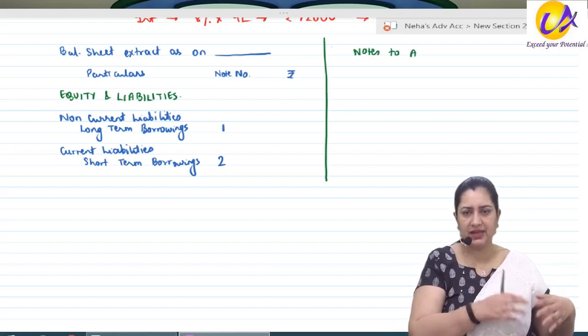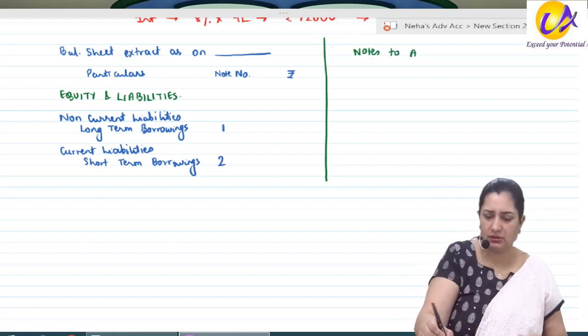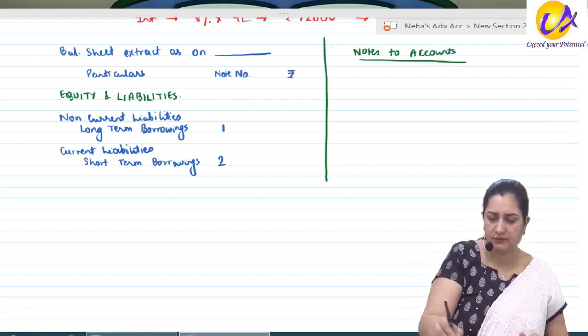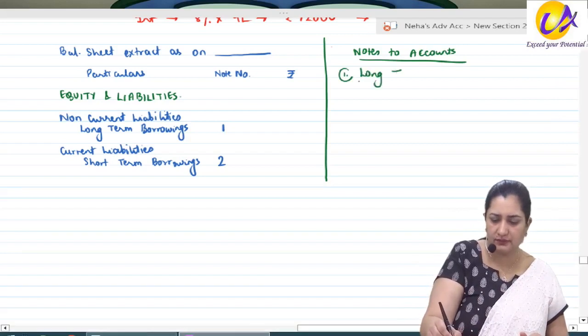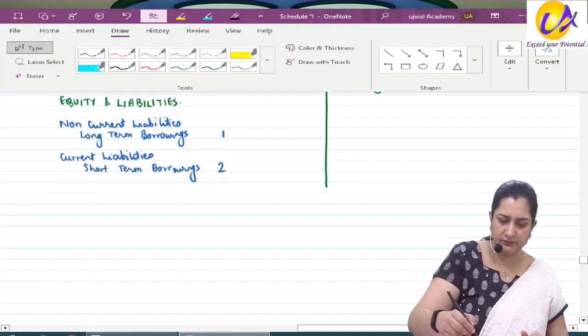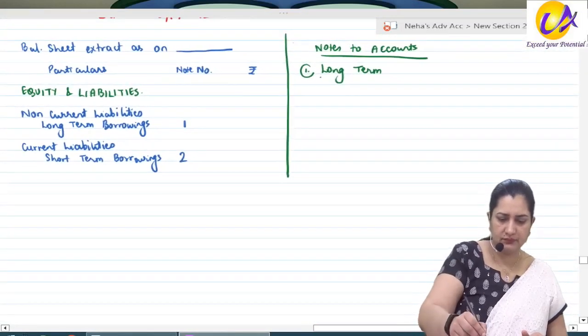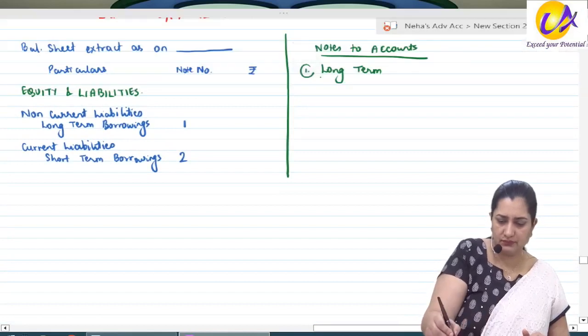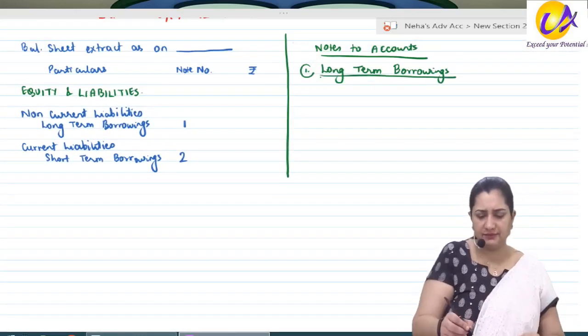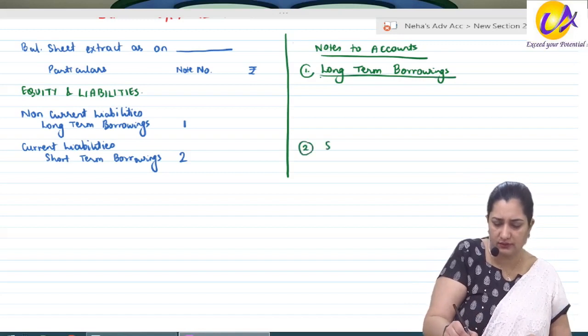Write it after this. I am writing it here, but you write it after this. First one is long-term borrowings. Leave 4 lines and then write down short-term borrowings.